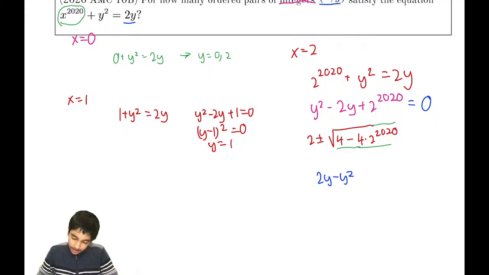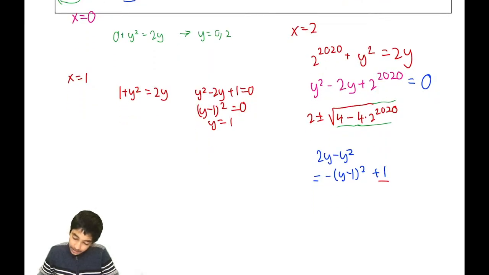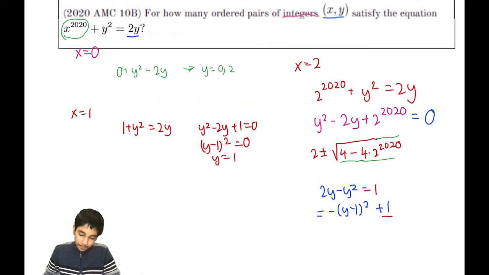So 2y minus y squared is equal to negative of y minus 1 squared plus 1. So essentially, the maximum possible value of this expression is 1. No matter what, 2y minus y squared is at most 1. So there's no way 2y minus y squared can be equal to 2 to the power of 2020. So clearly the x equals 2 case doesn't work.